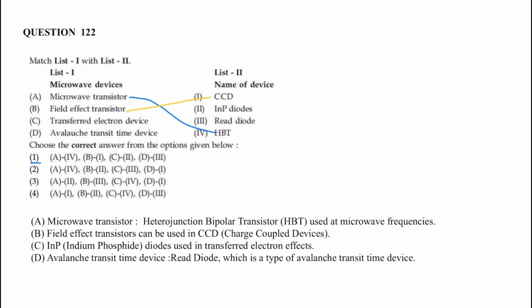Transferred electron devices, InP, indium phosphide diodes. Avalanche transit time devices, read diode, which is a type of avalanche transit time device. Correct answer is A4, B1, C2, D3. Option 1 is a correct answer.